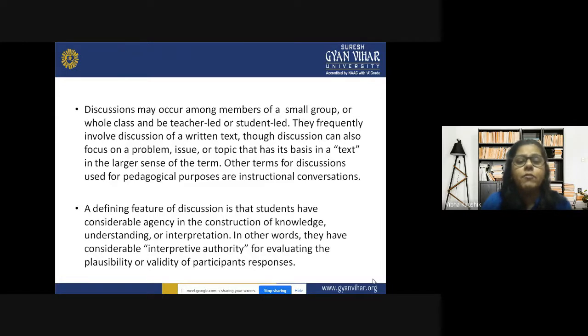A defining feature of discussion is that students have considerable agency in the construction of knowledge, that they believe the students are constructing their own knowledge. Understanding, they will understand that particular concept or interpretation. In other words, they have considerable interpretative authority for evaluating the possibility or validity of participants' responses.